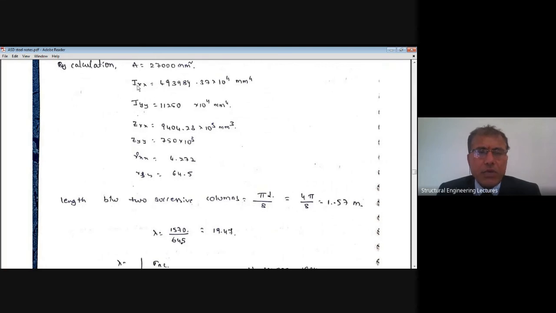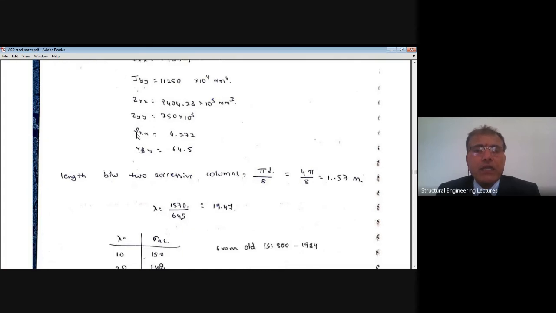Once I get this moment of inertia, I'll get the section modulus by dividing the moment of inertia Ixx by the extreme compression fiber distance YC, equal to 525. Doing which, I'll get ZXX, the section modulus about the major axis, equal to 9,404.23 × 10^3 mm cube, or 9404.23 centimeter cube. And similarly, the section modulus about the minor axis works out to 250 × 10^3 mm cube.